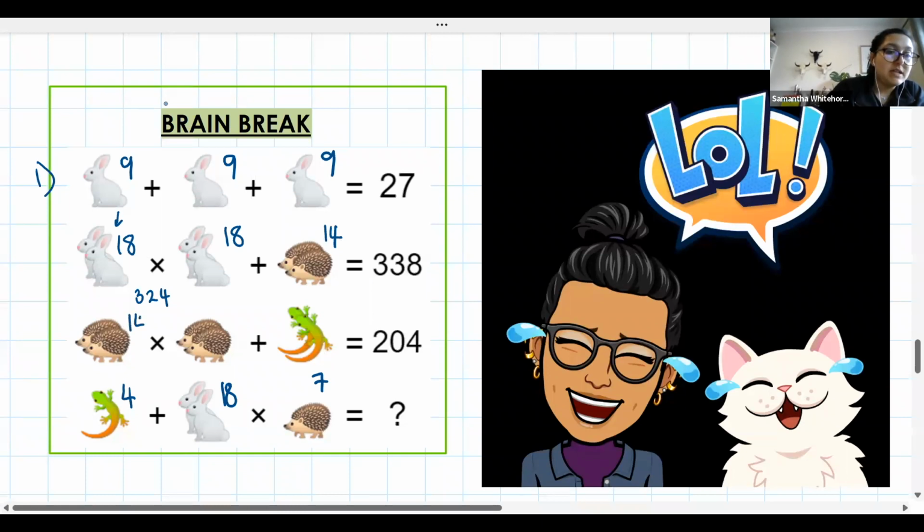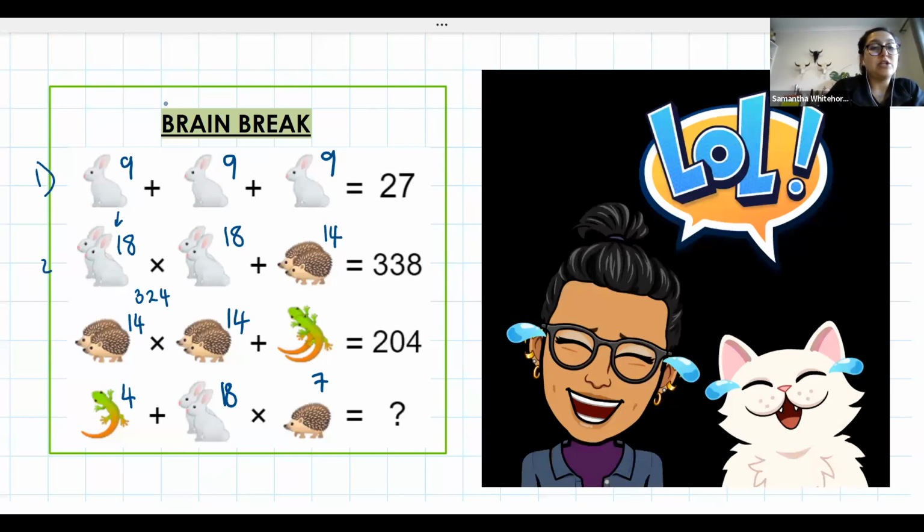So every time I see my double porcupine, I get 14. That means in equation number 3, again, I have to do BODMAS first. So 14 times 14 is 196. I need to ask myself, what do I need to add to 196 to get 204? That's 8. So 2 lizards is 8. This is why Gigi said 1 lizard is 4.